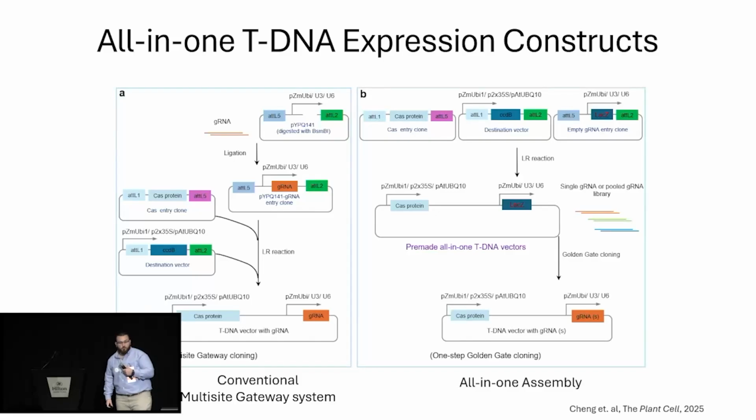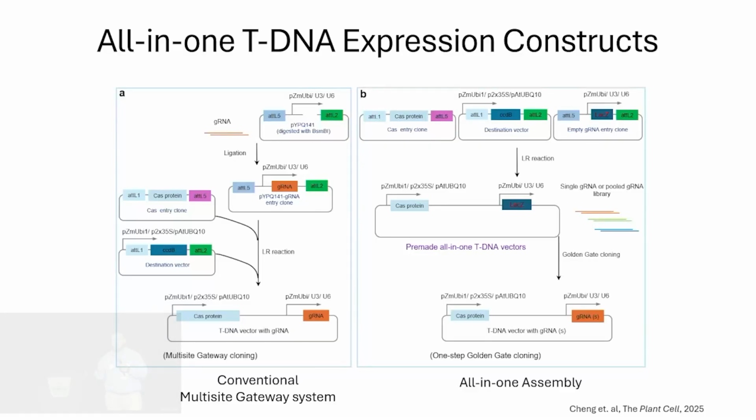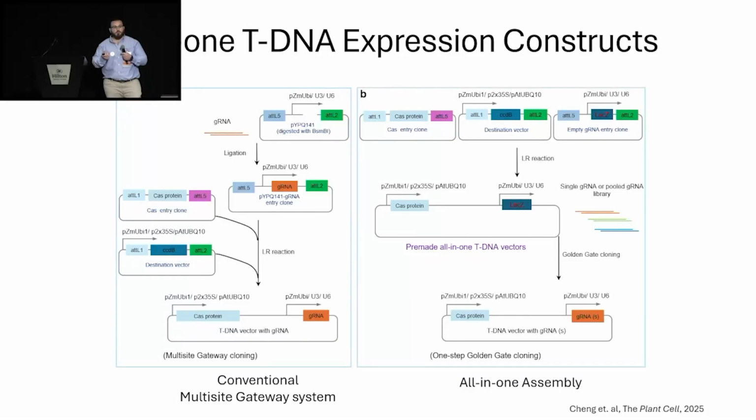And we also have what we call an all-in-one tDNA expression method. So this is brand new. The purpose of this is that it's not really modular. The idea is that all you have to do is insert your guide RNA of interest into the backbone of the plasmid.